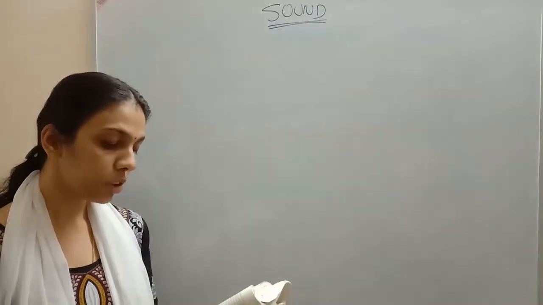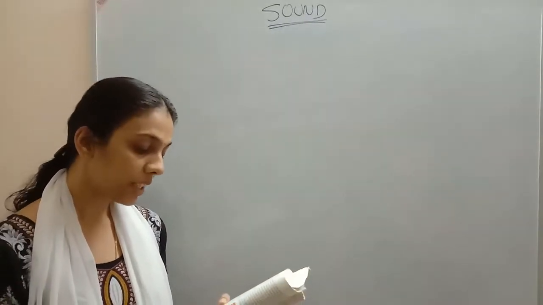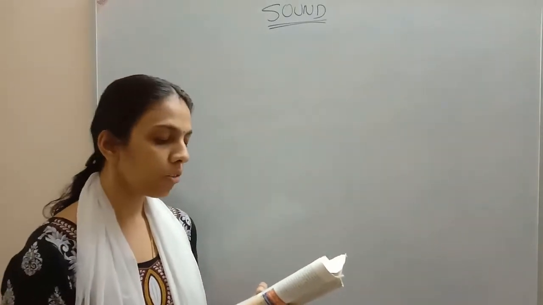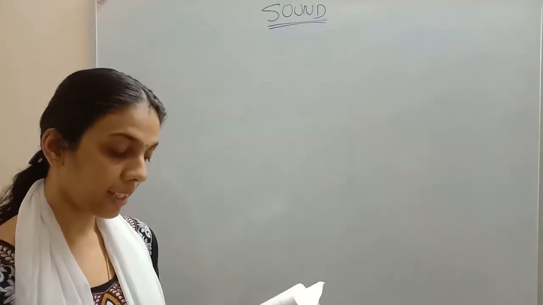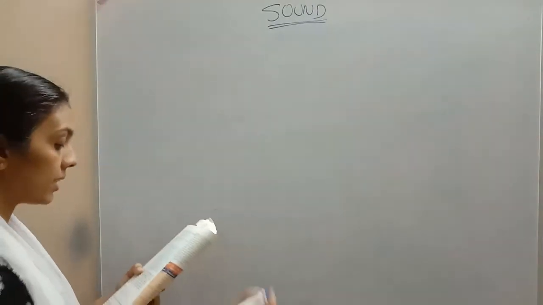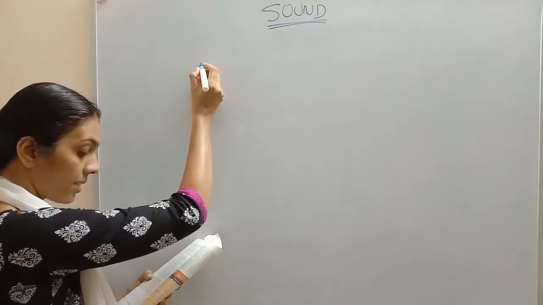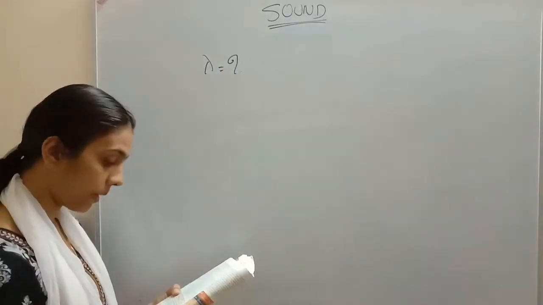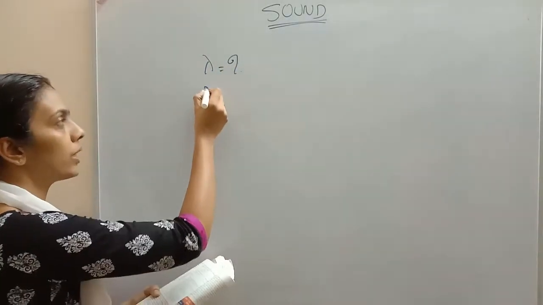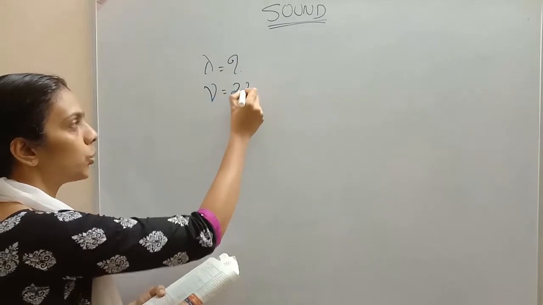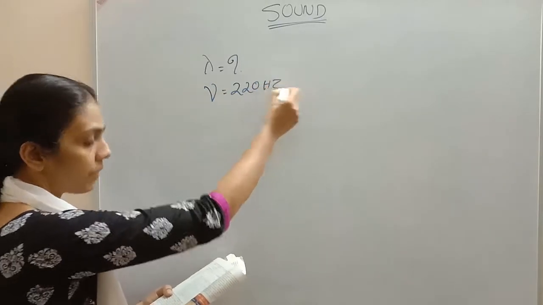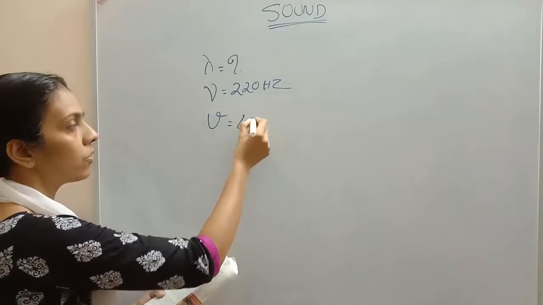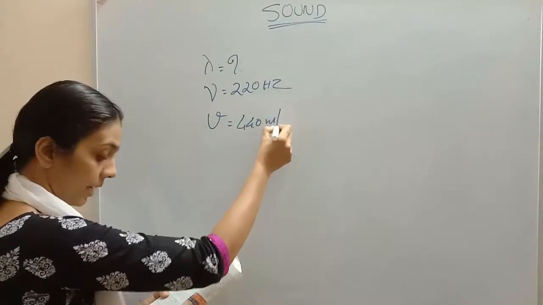Calculate the wavelength of a sound wave whose frequency is 220 Hz and speed is 440 meters per second in a given medium. We should calculate the wavelength. Frequency is given as 220 Hz, and speed is given as 440 meters per second.